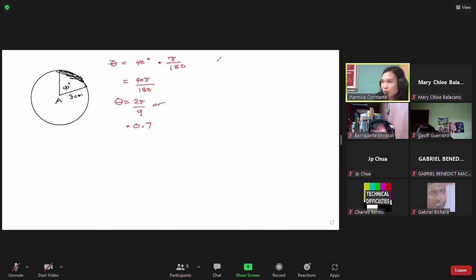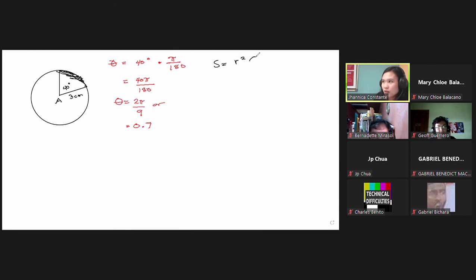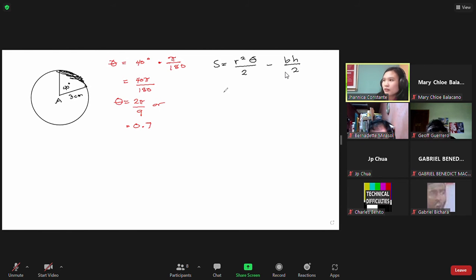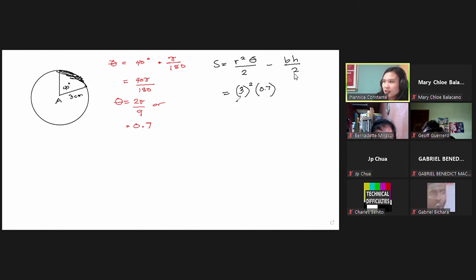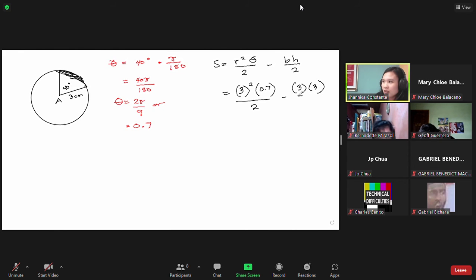For our formula for the area of segment, which is radius squared times the angle divided by 2 minus base times the height divided by 2. So radius, we have 3 centimeter squared multiplied by 0.7 divided by 2 minus 3 times 3 divided by 2.